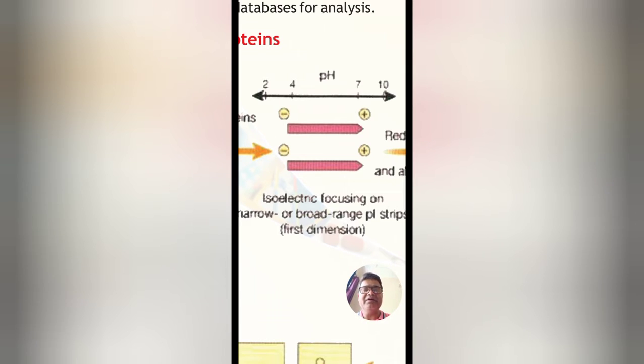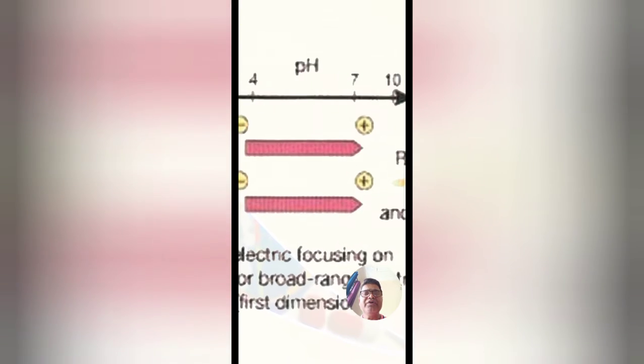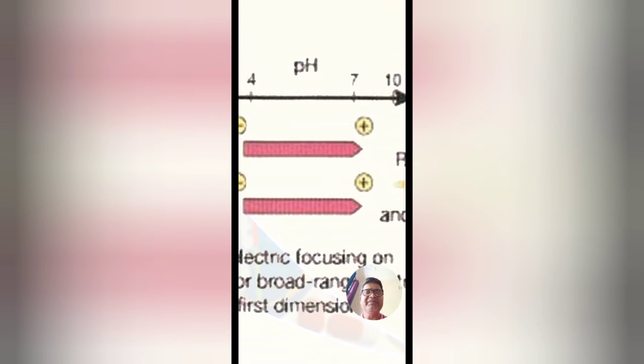Then how can we separate these proteins that have different size but the same pI? It means they need further investigation and the use of another technique.